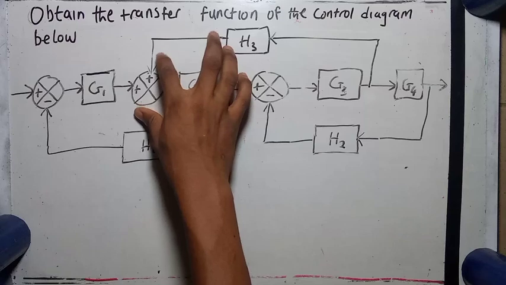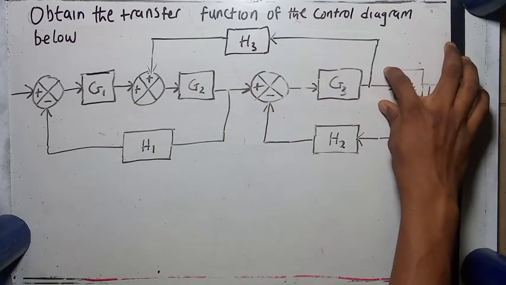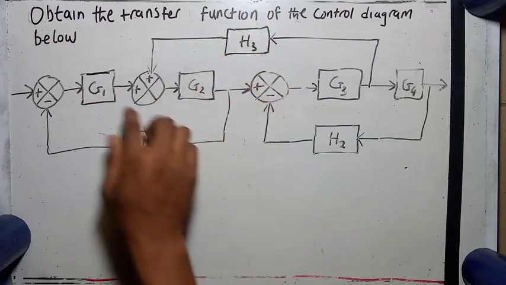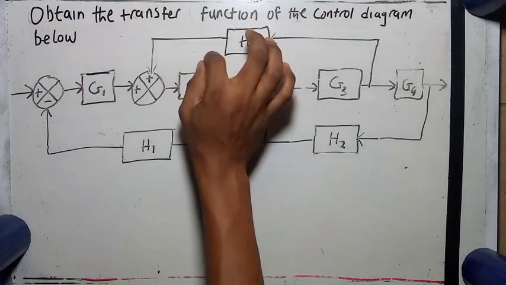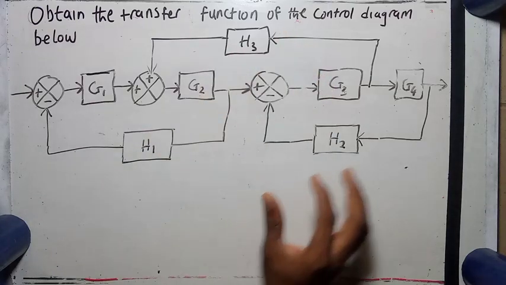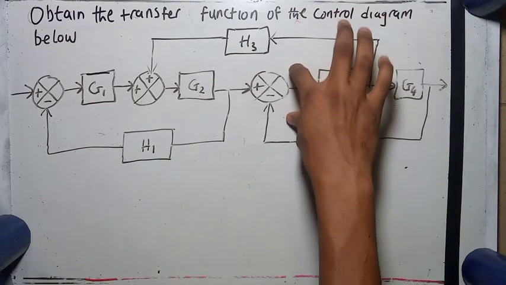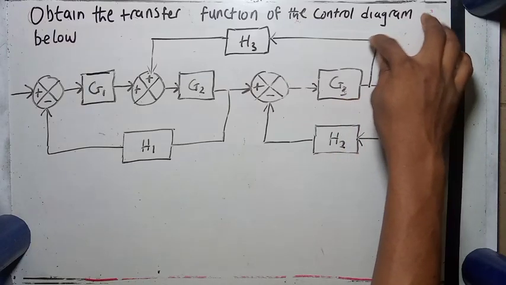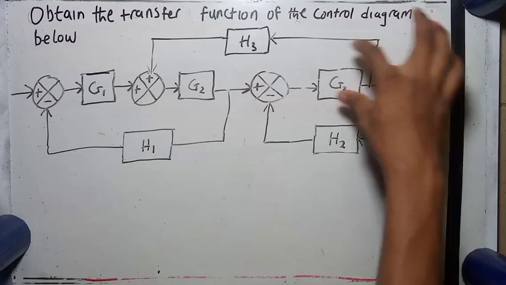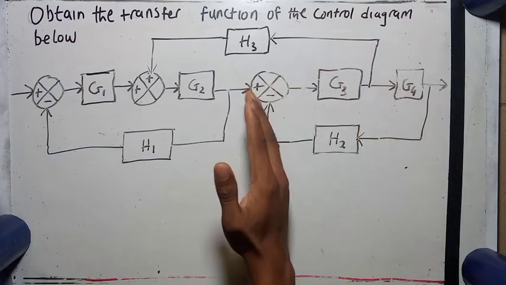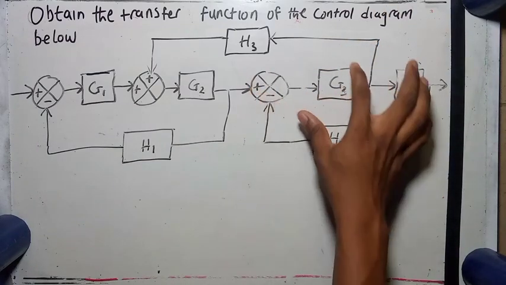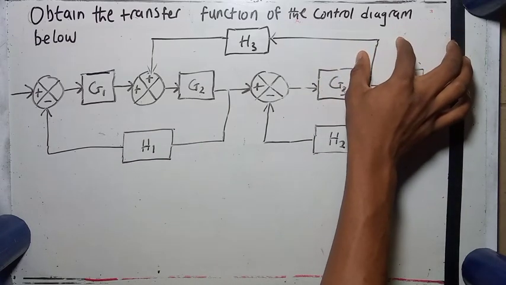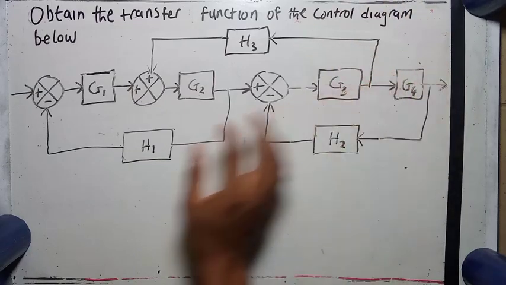This one is kind of the opposite of this one. If you're moving a branching point like this, you'll be introducing g2, but we're not moving like that now. This one too, if we are moving like this, we'll be introducing just g3. When we are moving to the left hand side, we'll just introduce the function into this closed feedback loop here.